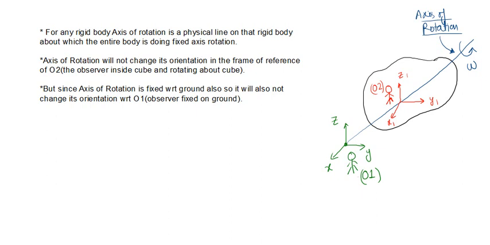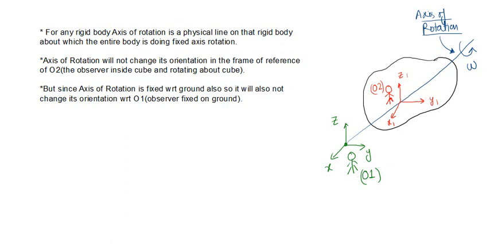The axis of rotation is also a physical line fixed in this rigid body, so it will not change its orientation in the frame of reference of O2, and in fact this is true for any physical line on this rotating body.